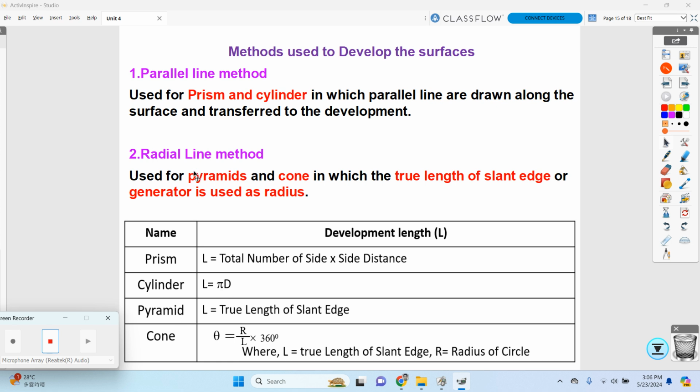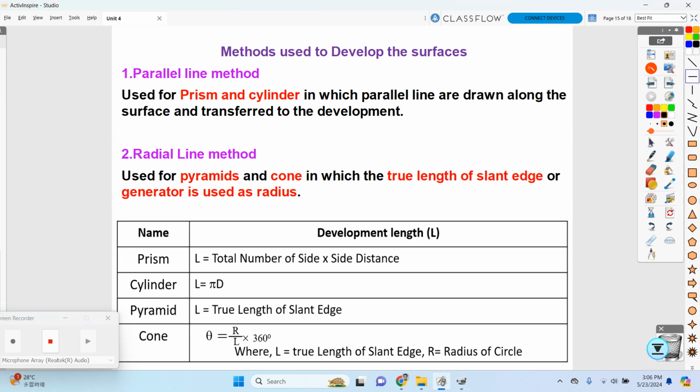Then the radial line method is applicable only for pyramids and cones. A pyramid may be a square pyramid, or a pentagonal pyramid, or a hexagonal pyramid, so three types are possible.